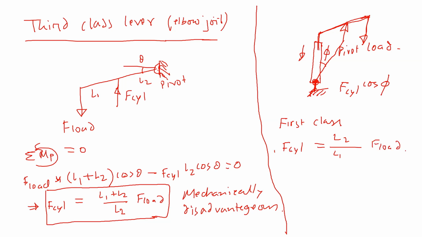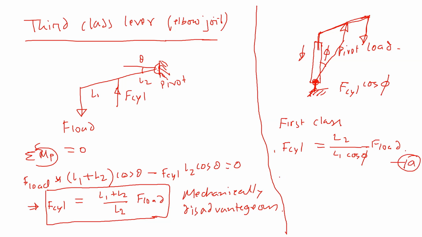Because the cylinder force is acting at an angle, it is losing some force. So if we have F cylinder cosine phi, it goes here, cosine phi. So that equation 1 becomes, I would like to say, 1A.